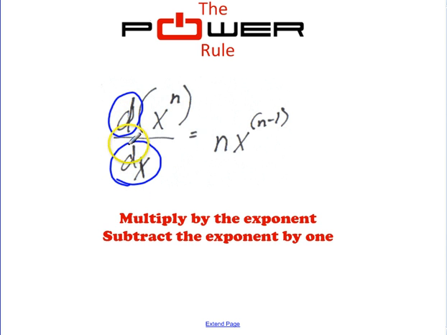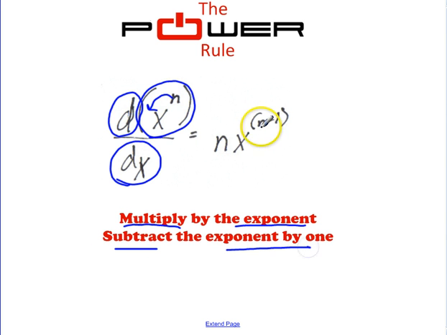If we're doing the derivative with respect to x of a power, an x raised to a number, what we ended up doing is we ended up multiplying by the exponent. So we multiplied the whole thing by the exponent, and then we subtracted 1 from the exponent. So we brought the exponent down by 1.